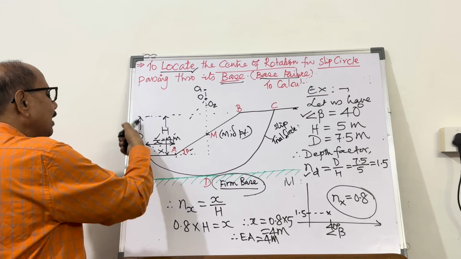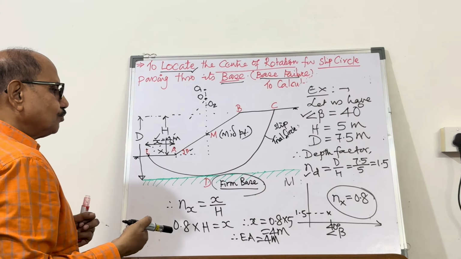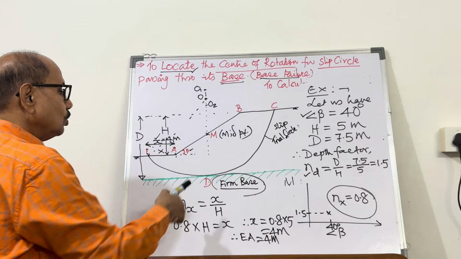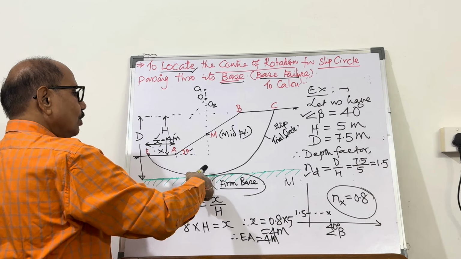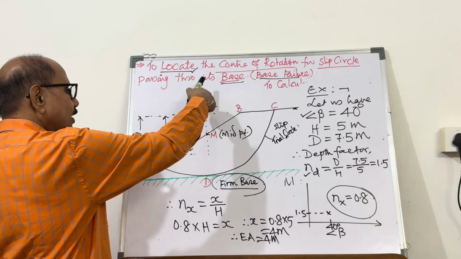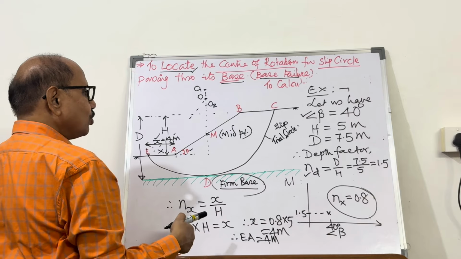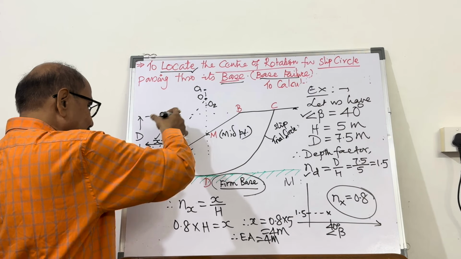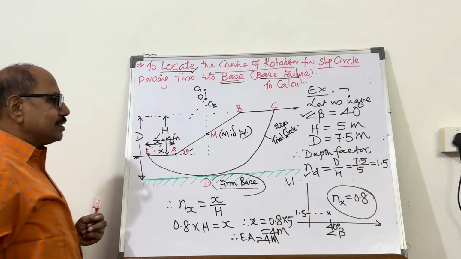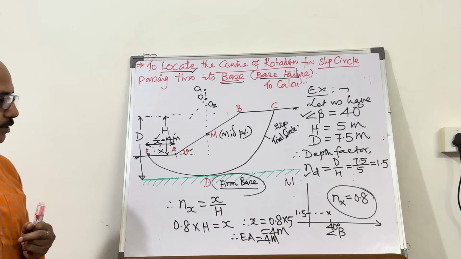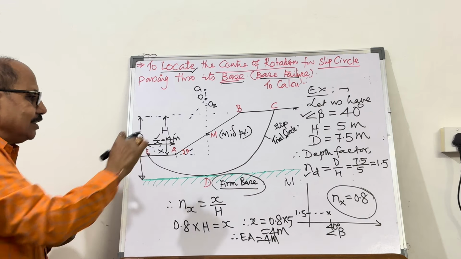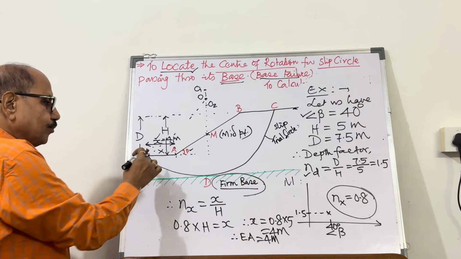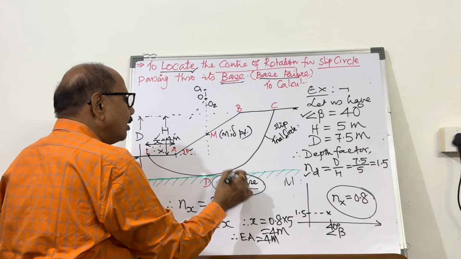Now on the vertical passing through the midpoint of the slope, you will have to see that whatever trial slip circle you are drawing from E is going to be tangent to this firm base.